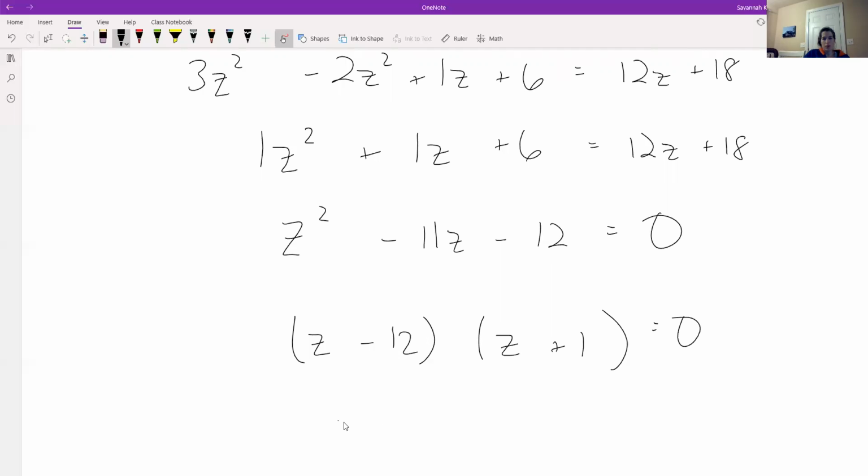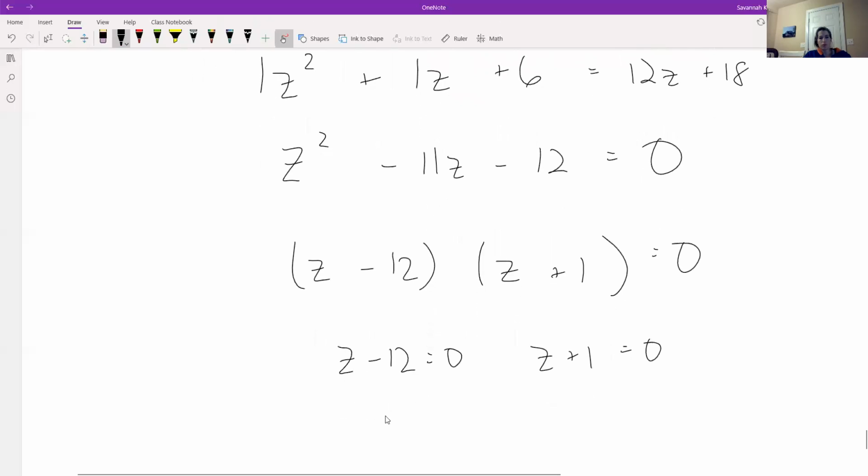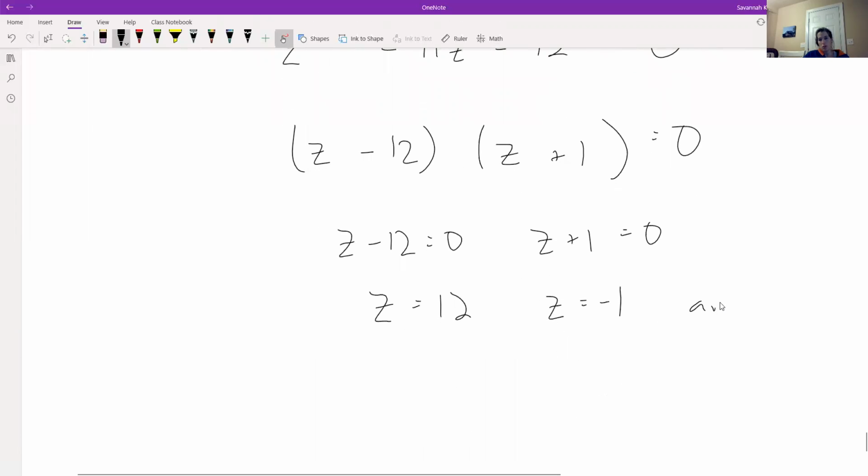So, getting closer and closer. Okay, so positive 12 and negative 1, those are my possible solutions, possible answers.